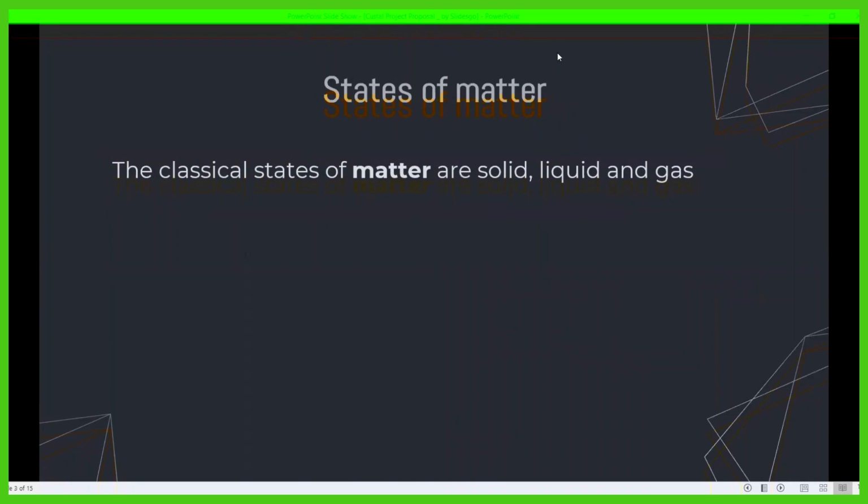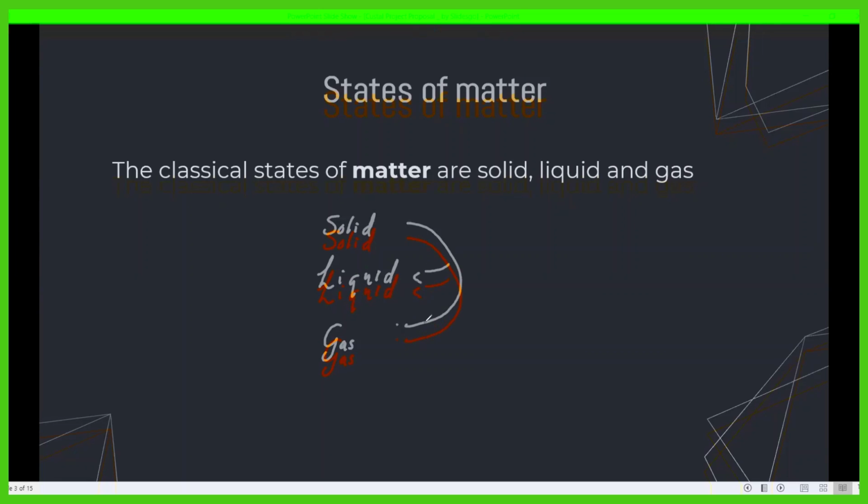States of matter. So matter can be further divided into three more categories depending on the phases of matter. So for an example, the classical states of matter will be solid, liquid, and gas. So a matter can be in any of these three forms.